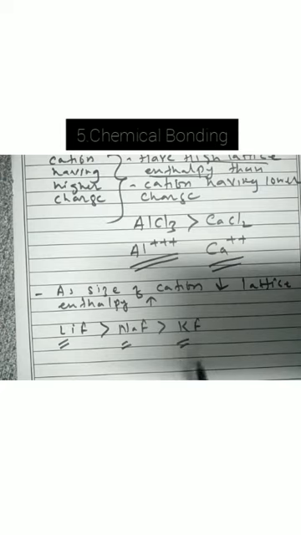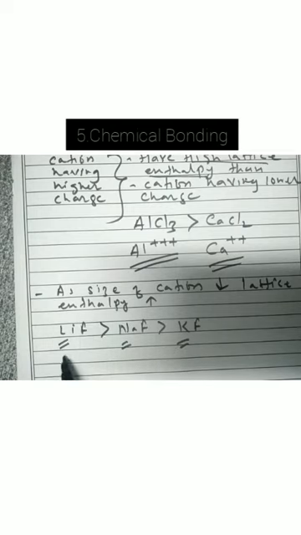So the smallest cation is lithium. As you go downward, the size of the cation increases. So you have lithium smallest. What is the statement? As the size of the cation decreases, lattice enthalpy increases.